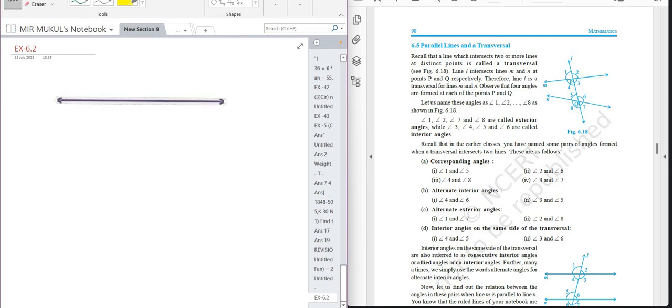This is one line and this is another line. If they will not intersect each other, then this is called parallel lines. And if a line intersects these two lines, then this is called a transversal line.